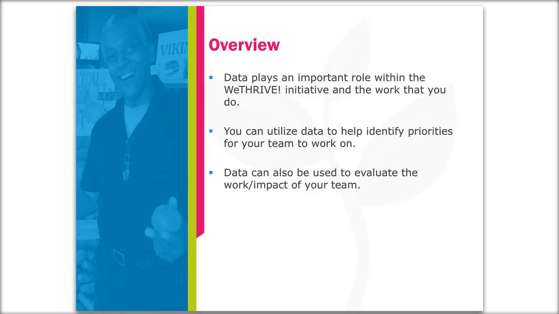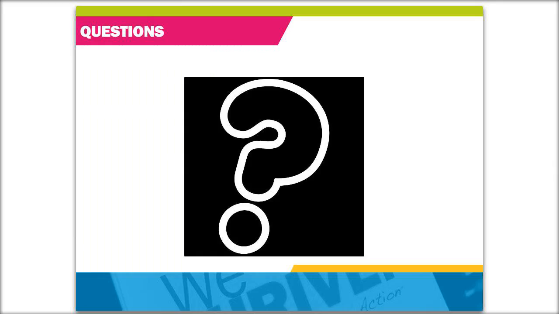And then the final step is developing that action plan so you have a blueprint of how you're going to implement those strategies within your community with the goal of ultimately seeing improvement in the concerns that you identified. So with that, we will open it up to see if there's any questions.